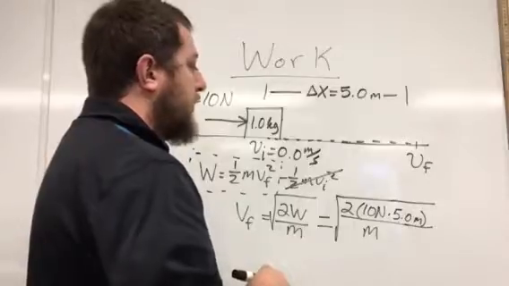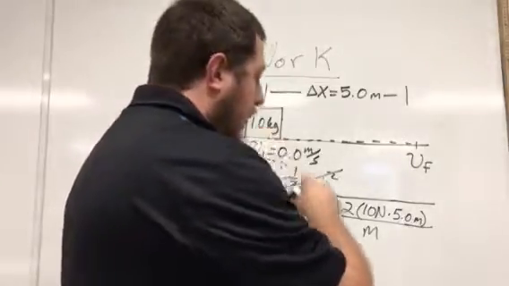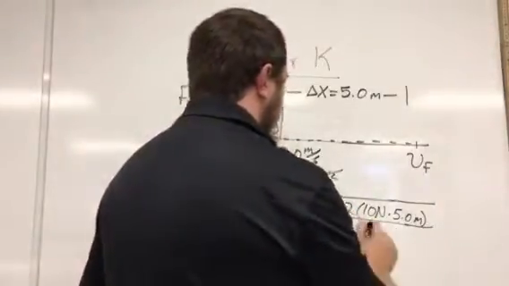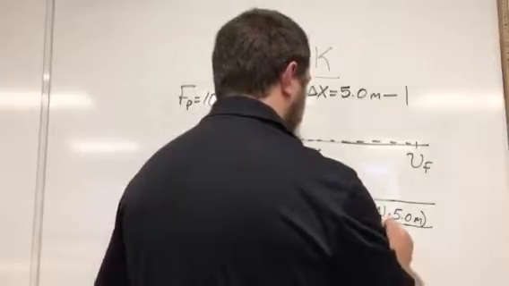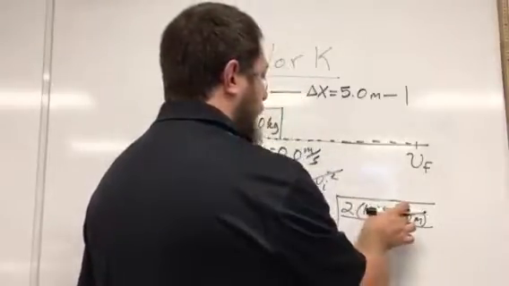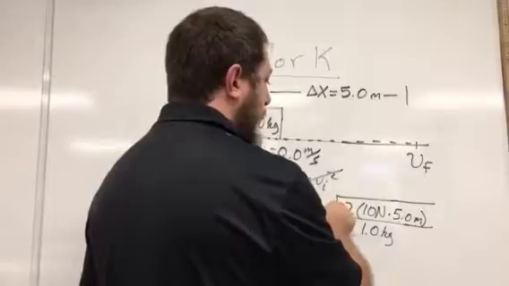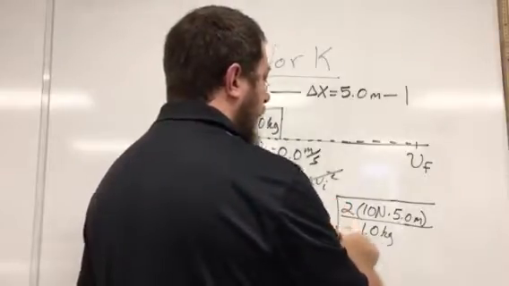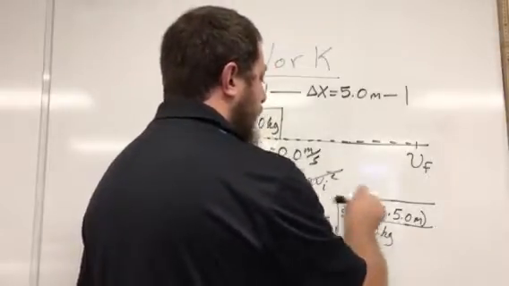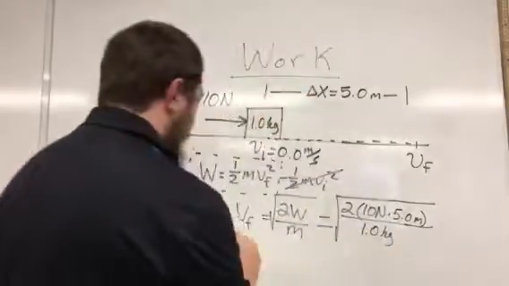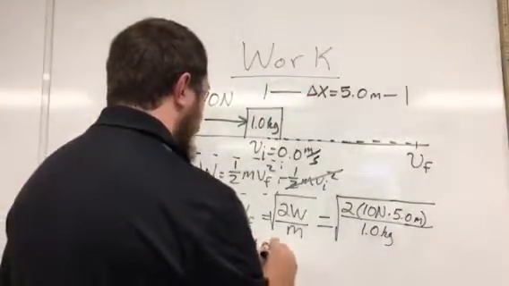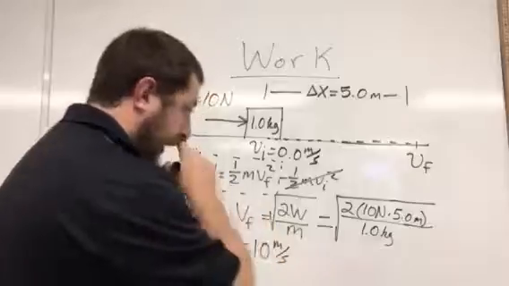And what is this going to give me? My mass is 1 kilogram, and so 50 times 2 is 100. 100 divided by 1 is 100. Square root of 100 is 10. So my final speed here is going to be 10 meters per second.